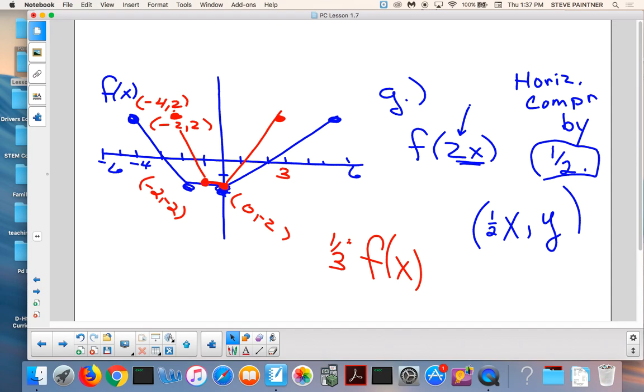Is that the same? Nope. Whatever you get out of this, let's say you get 10. Well, this is negative 10. It's not the same. It's even, which means it's symmetrical to y.